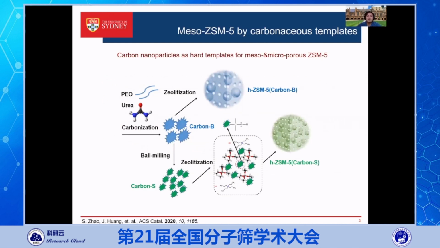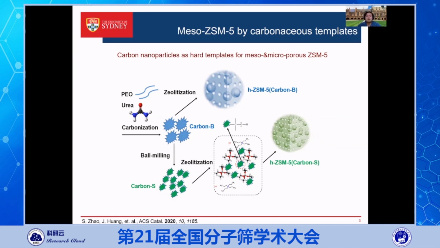The mesoporous zeolite ZSM5 is prepared using hard template carbon nanoparticles. There are many different methodologies to produce carbon nanoparticles. We are also able to change the size based on ball milling and tune the particle size.